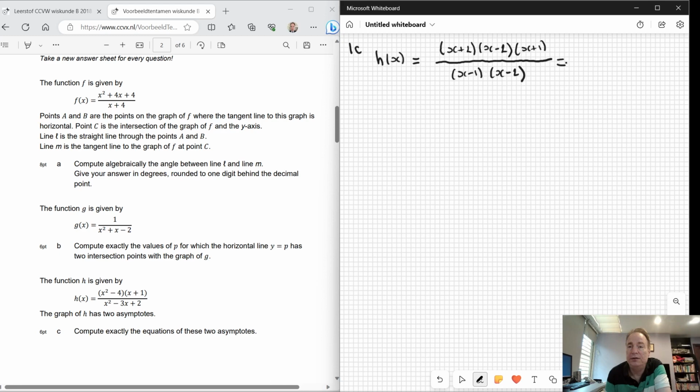So this is equal to x plus 2 times x plus 1 divided by x minus 1, provided that x is not equal to 2. So x equal to 2 is not in the domain of this function, because the denominator will be 0. So this one has two asymptotes.